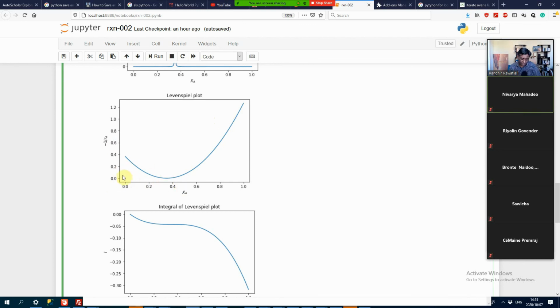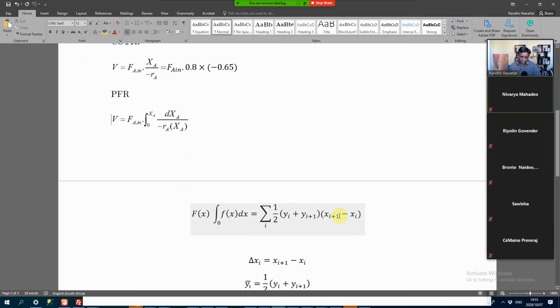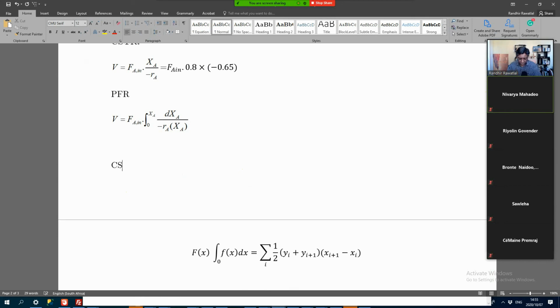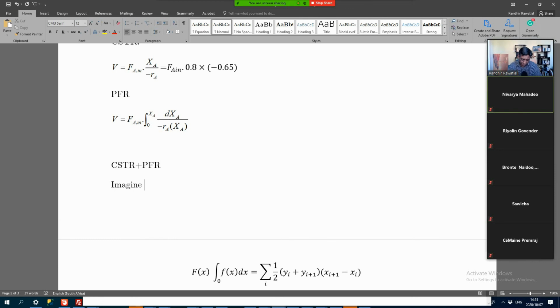So it will be that number multiplied with that conversion, so 0.4. So I'm just going to change things a bit here and say, so CSTR plus PFR, and let's just say imagine the minimum value equals 0.1, right?